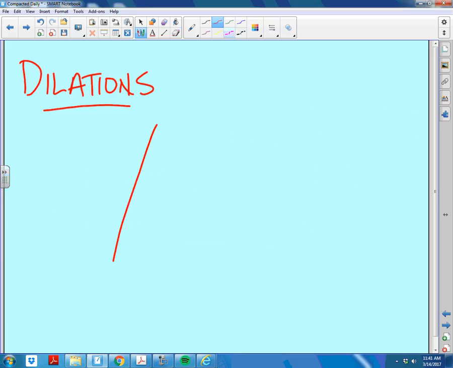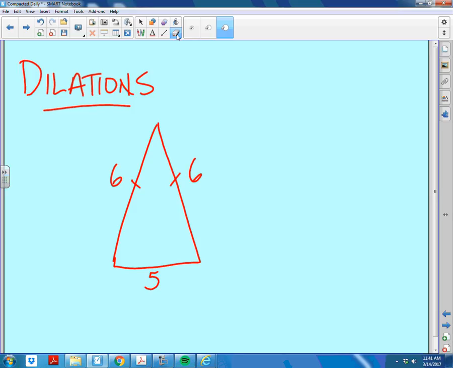So what happens if I have this triangle, which is 6, 6, and 7? Well, I'm going to do something less obvious.